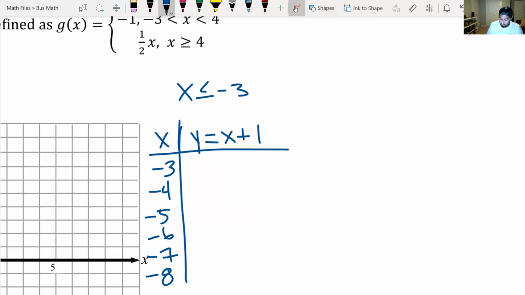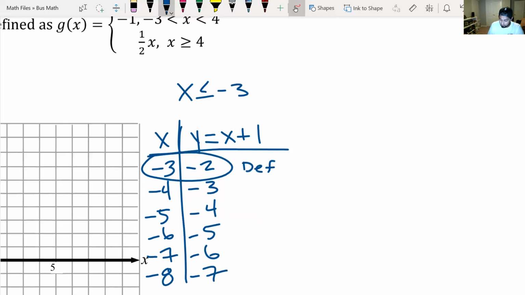You'll get -2, -3, -4, -5, -6, -7. And this one says we can be less than or equal to -3. So this is defined.